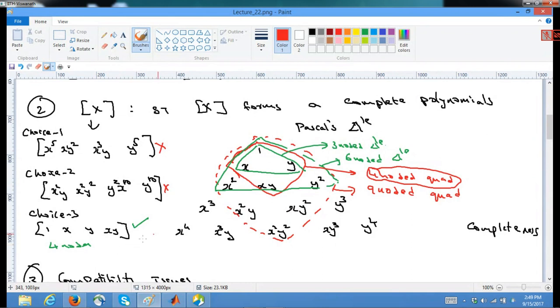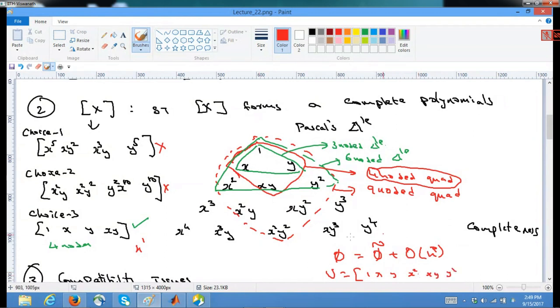What is the completeness? This is complete up to h to the power of 1. Let us check it out. Any quantity is nothing but phi tilde plus order of h to the power of p. Now the universal set is 1, x, y, x square, x y, y square, like that.